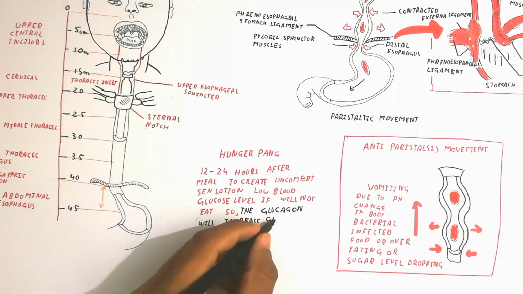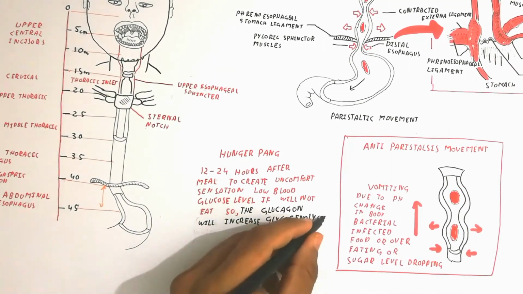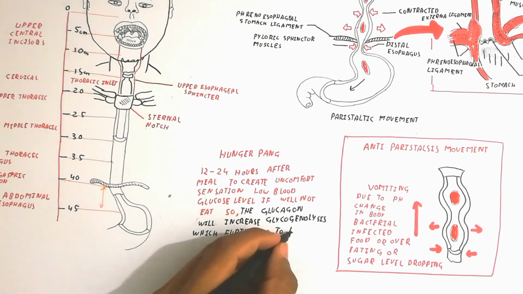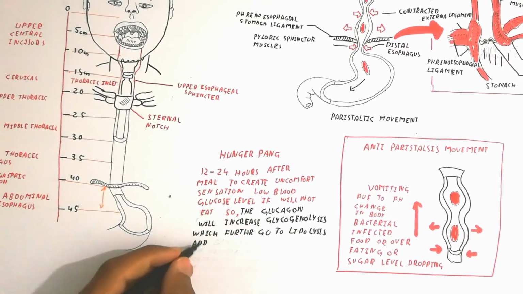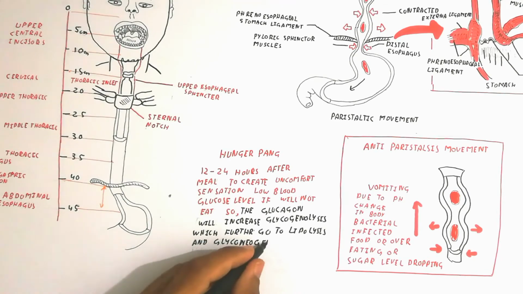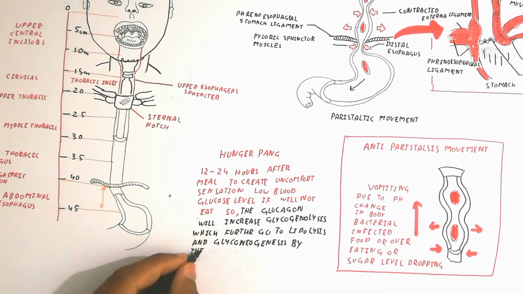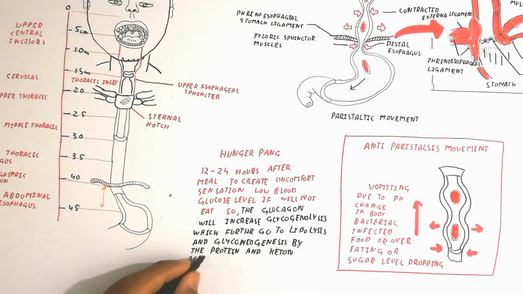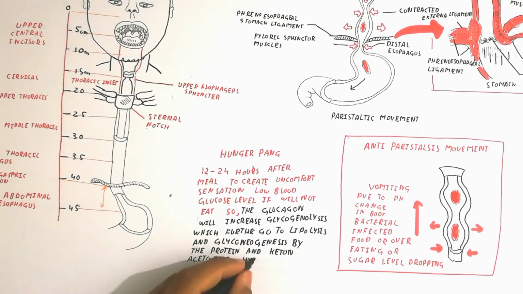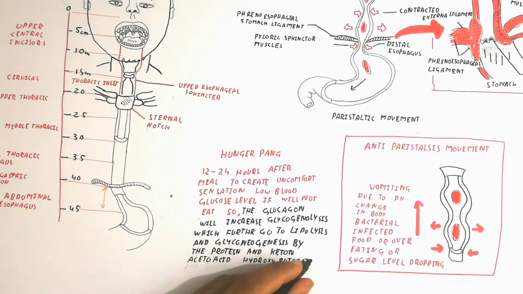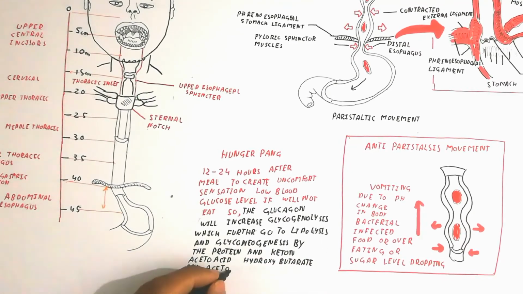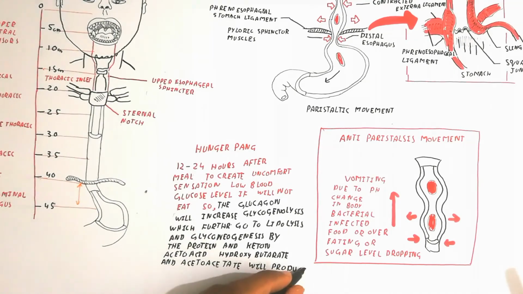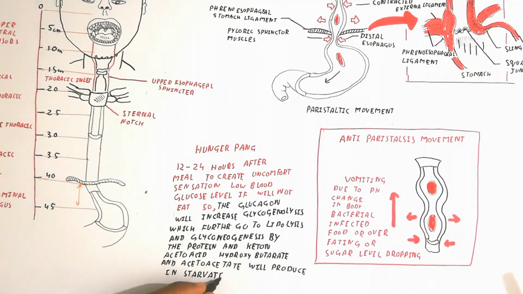So glucagon, and this is very important, will increase glycogenolysis, which further leads to lipolysis and gluconeogenesis, meaning the production of sugar from protein. Ketone bodies like acetoacetate, hydroxybutyrate and acetate will be produced in starvation mode if we extend the starvation.